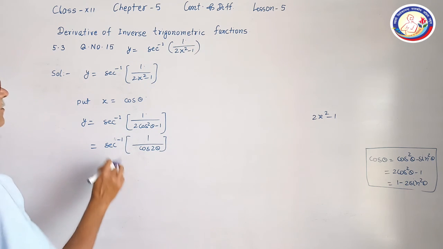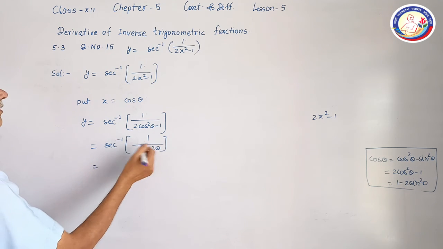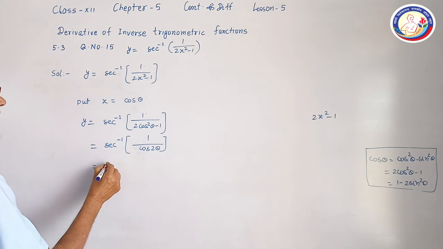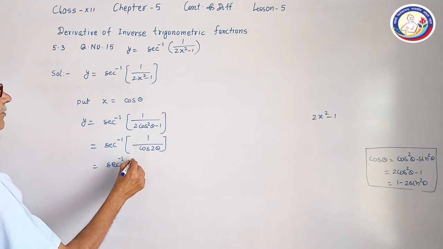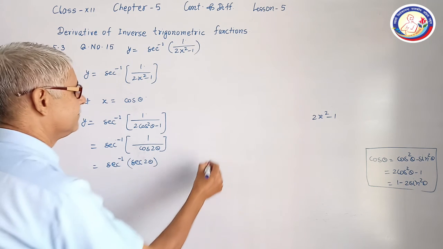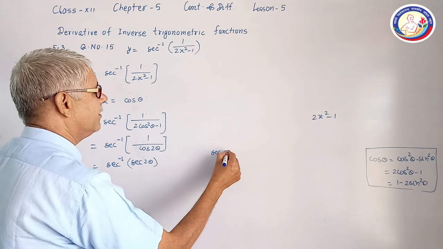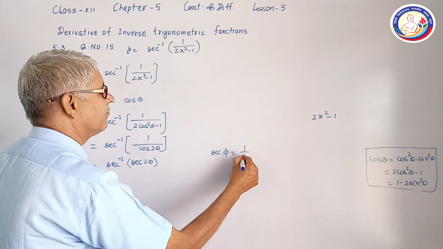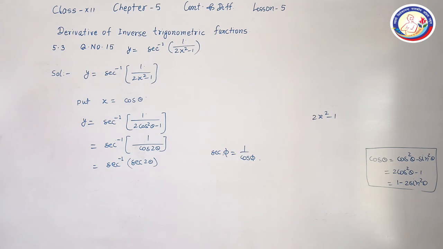So taking this into numerator, its reciprocal is sec inverse sec 2 theta, because sec phi is equal to 1 upon cos phi. Using this formula, we can write it easily.